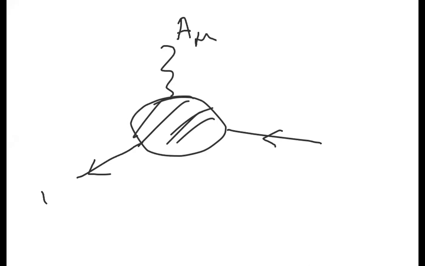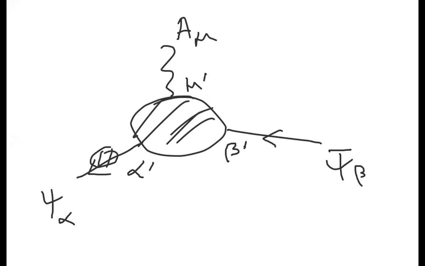This is psi alpha. This is psi bar beta. And now we call this alpha prime, we call this beta prime, and I call this mu prime. And on this, you have the full Green's function insertion. I'm denoting it by the shaded region. This blob means sum over all diagrams.